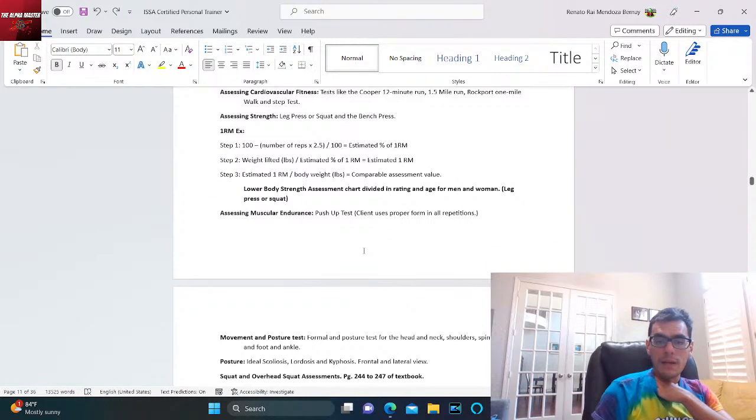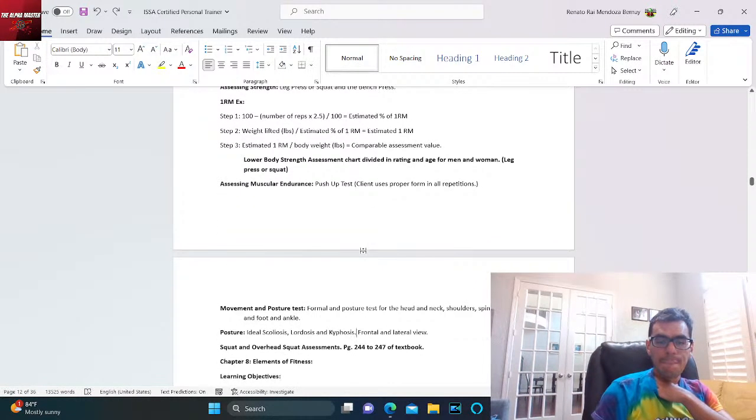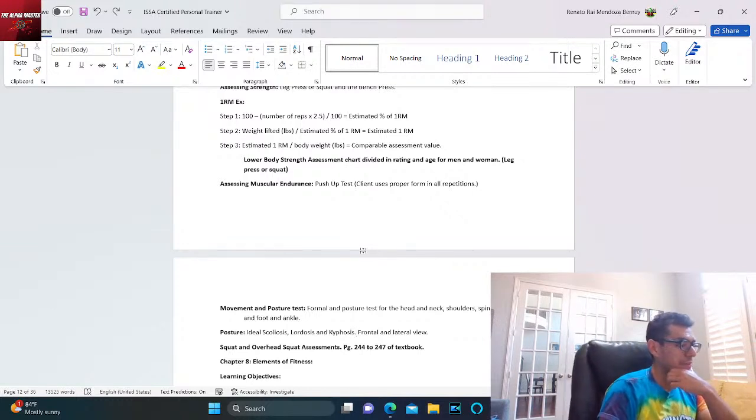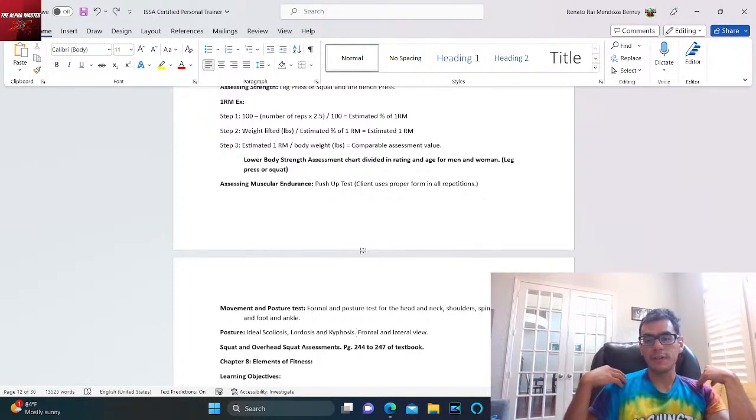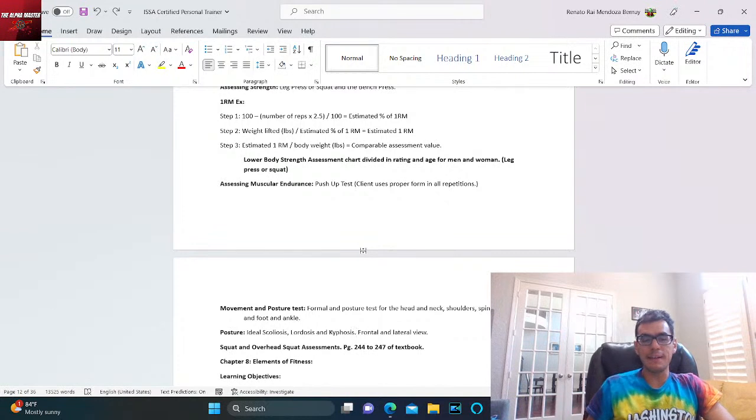Now you have the movement and posture test. For the movement and posture assessments, you have the postural test for the head and neck, the shoulders, the spine, the hips, the knee, the foot, and the ankle.